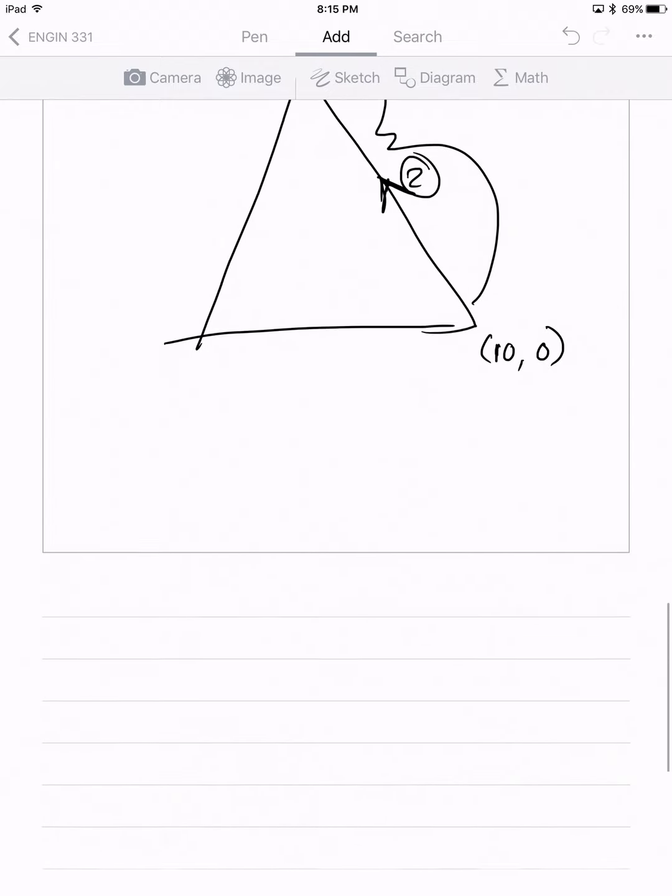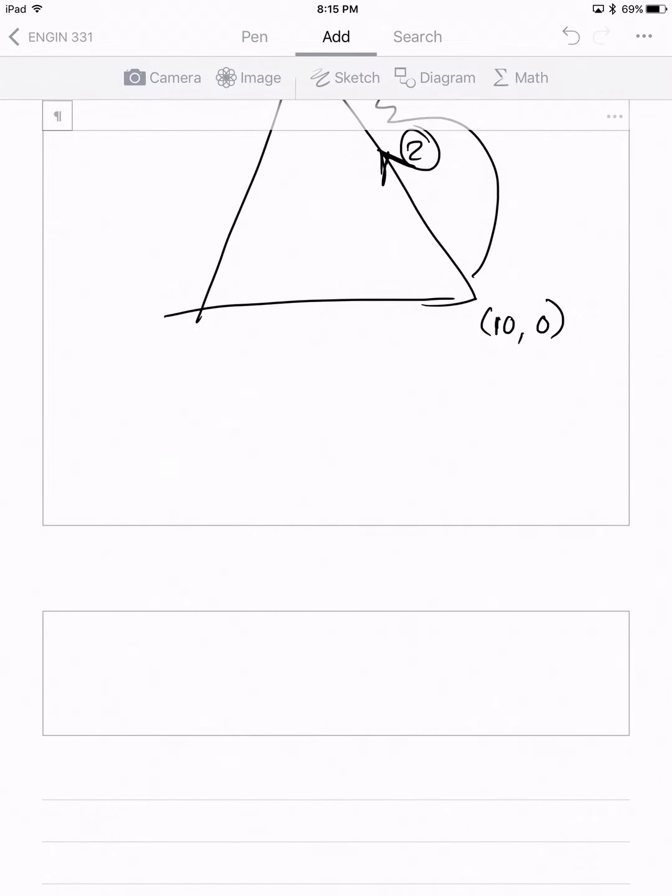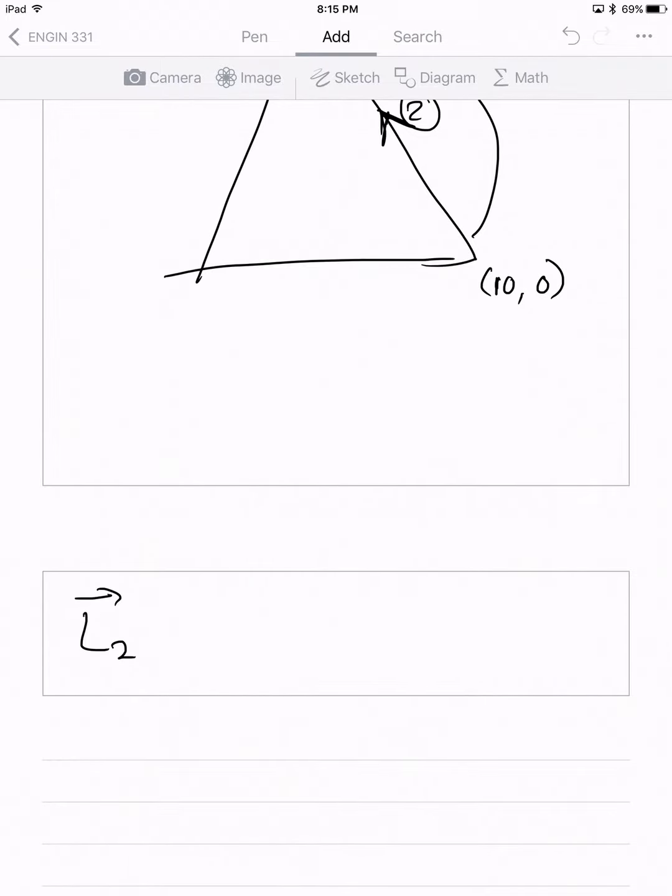So, in that case, what do I have to do? I have to first find L2, the length vector for number 2, which is pretty easy. We can just subtract the endpoints from each other to get that, which is equal to minus 10 centimeters a hat x plus 20 centimeters a hat y.